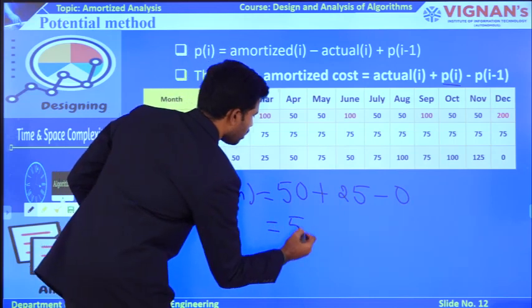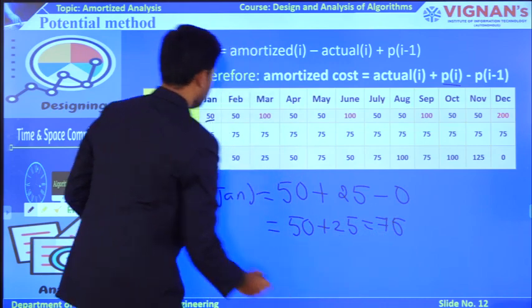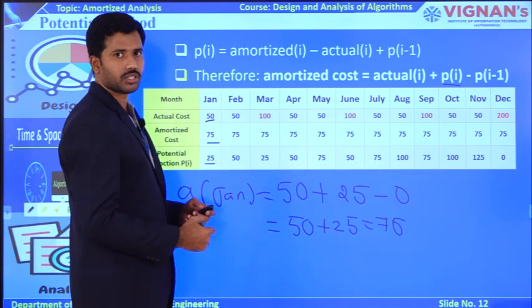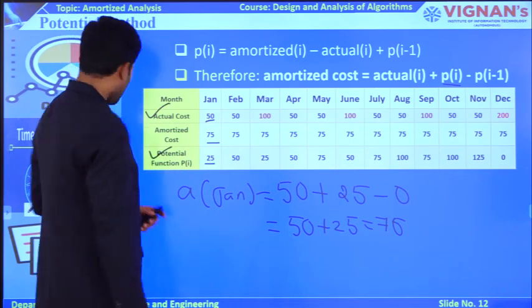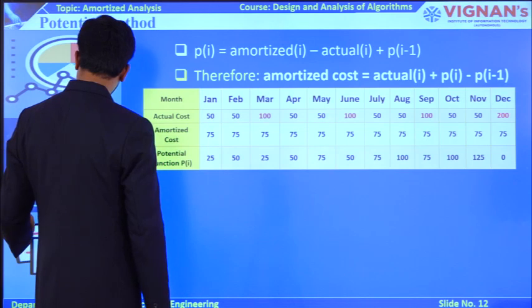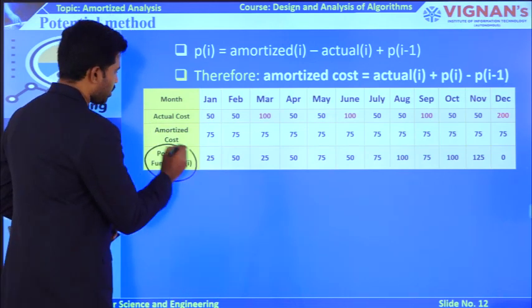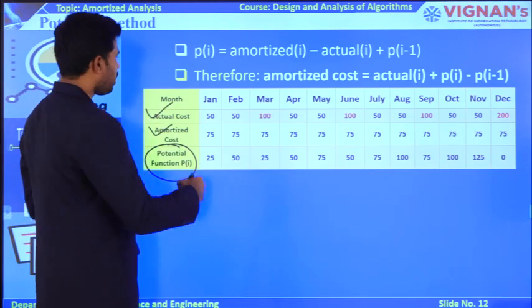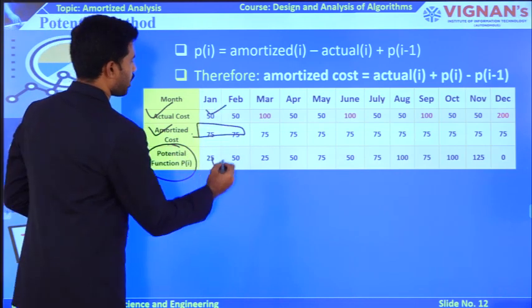So 50 plus 25 gives 75. This is the way I am rechecking the amortized cost with the help of actual as well as potential. In the aggregate method, you are finding the potential function with the help of actual and amortized. But here you are finding amortized with the help of actual and potential.